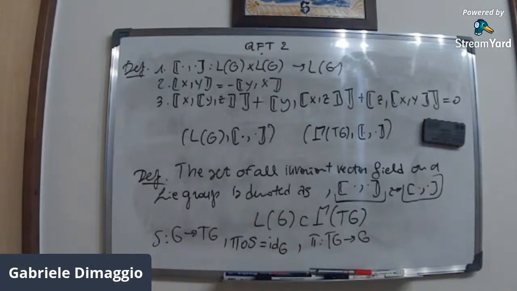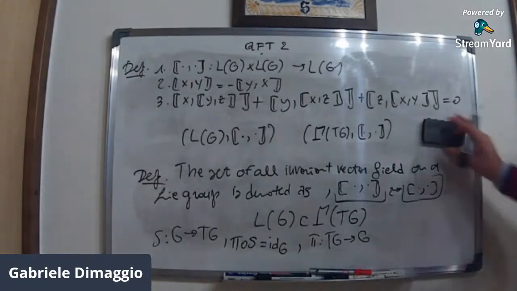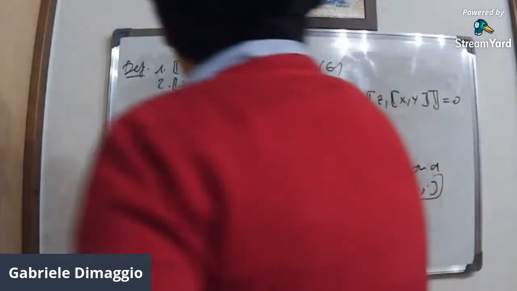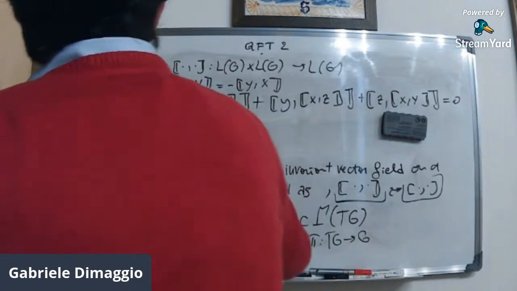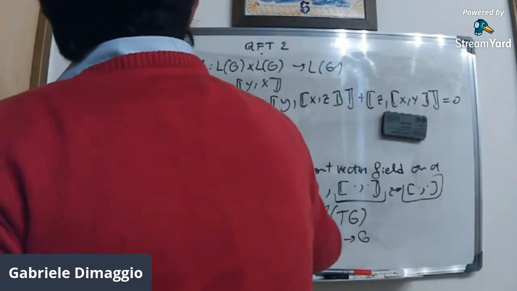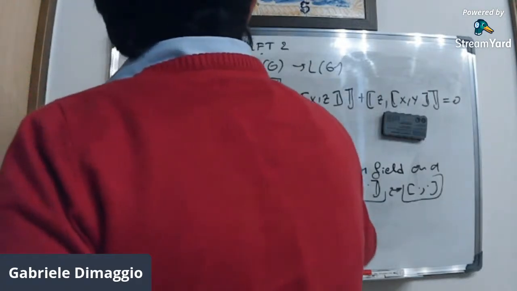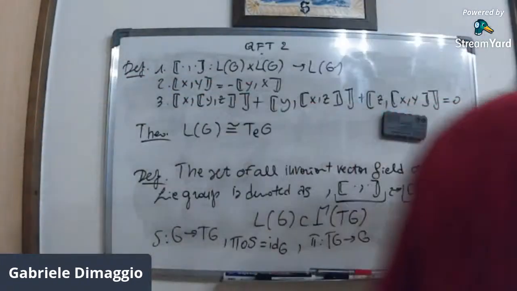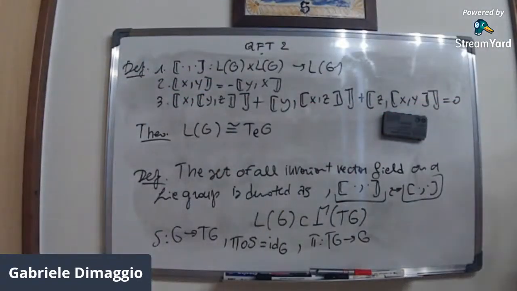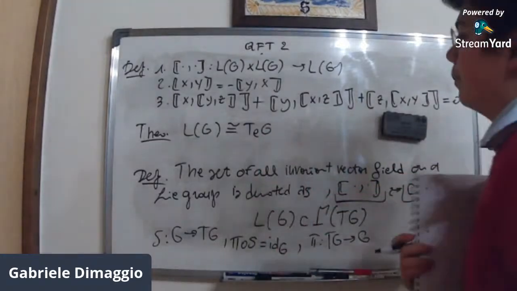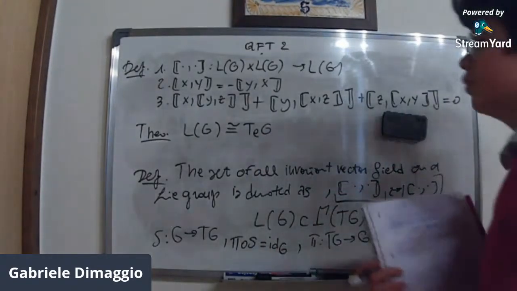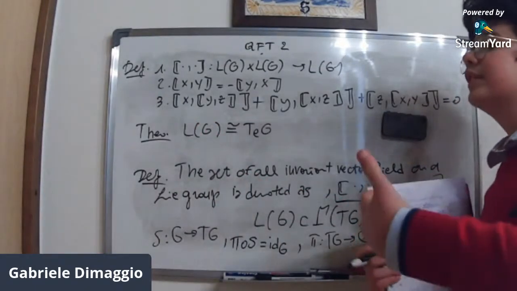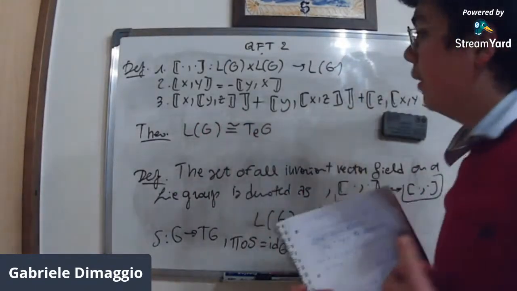And now, a very important theorem is this. Theorem: the Lie algebra is isomorphic to the tangent space at the identity of the group. Does someone know why? Does someone know how to prove this theorem?